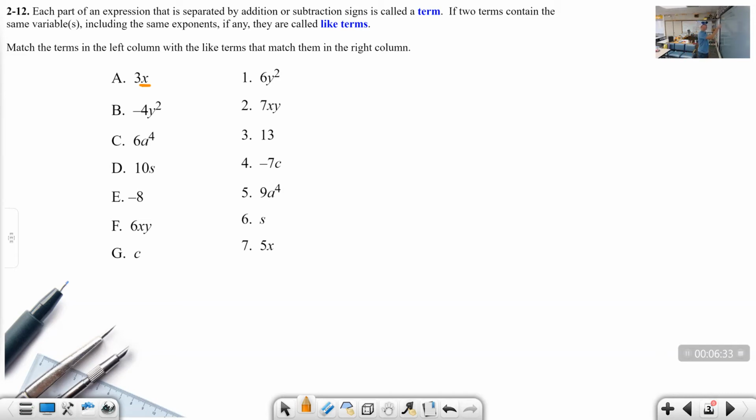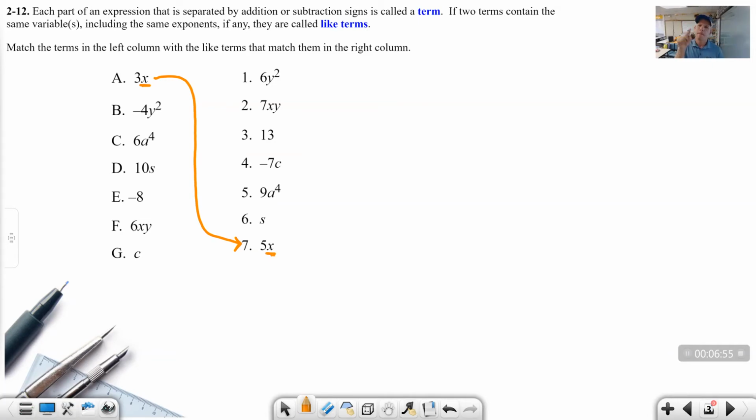So I'm looking for another variable x. This has an x. Oh, but it also has a y. Let's see. Nope, nope, nope, nope. Yep, it has an x down here. So I'm going to draw an arrow down to the number 7 because they both have an x.